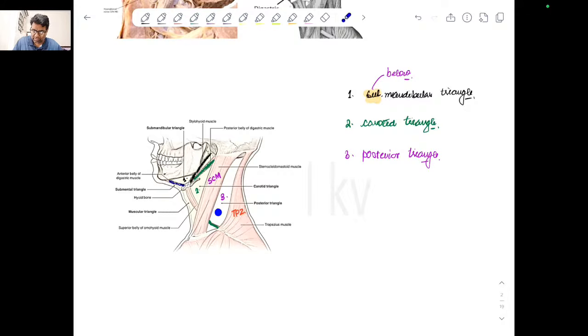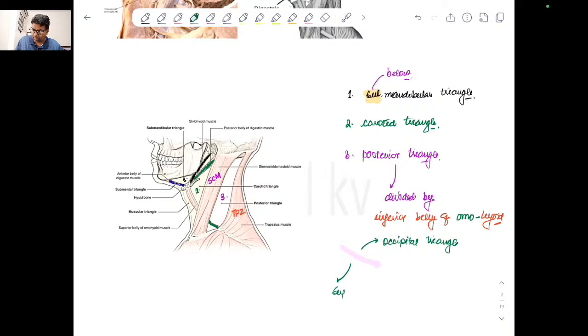Yeah. Now in the posterior triangle we can see one muscle which divides it into two parts. So one area is this, one area is this. So this is divided by one muscle, and this is again the inferior belly of omohyoid. If this is the inferior belly of omohyoid, the area above this is the occipital triangle, and the area below this is the supraclavicular triangle because it is above the clavicle.